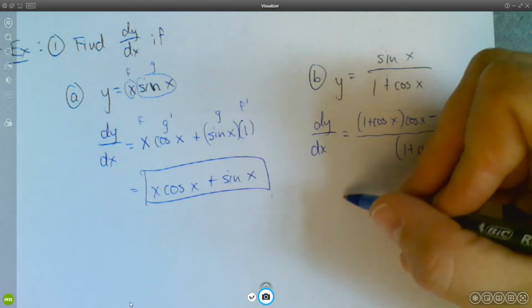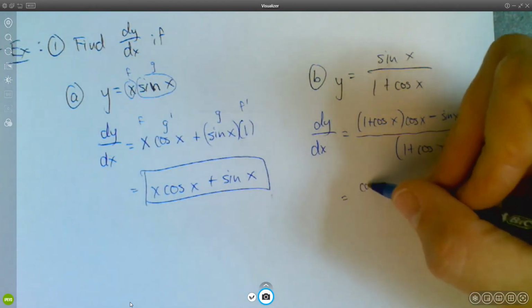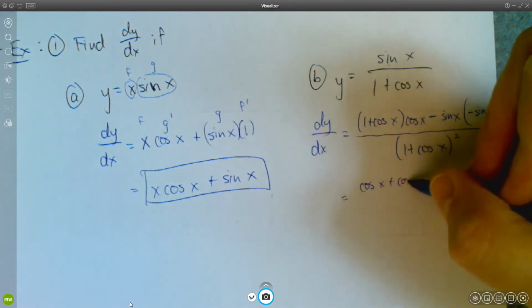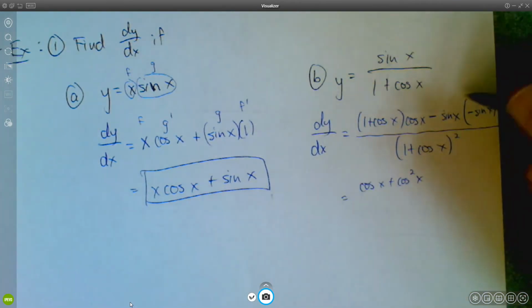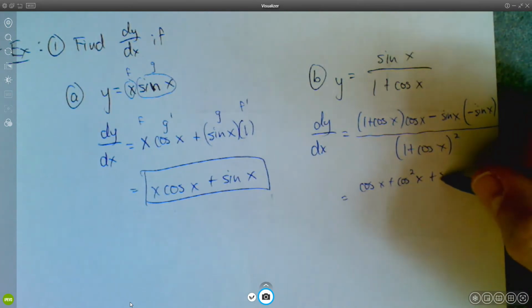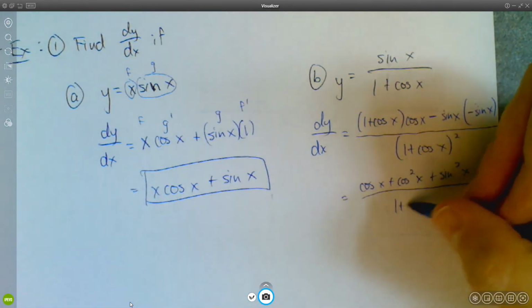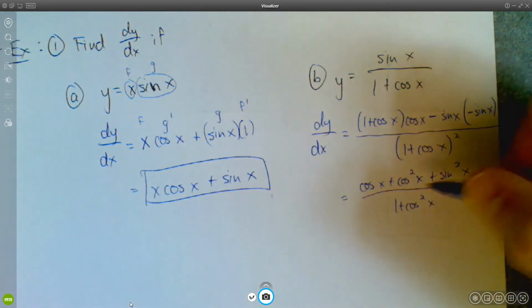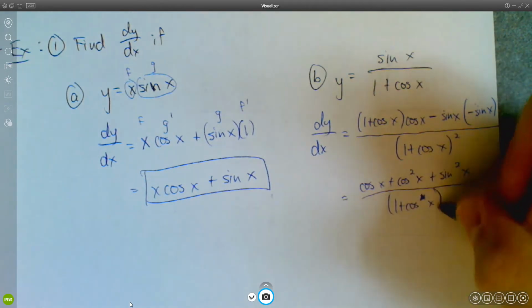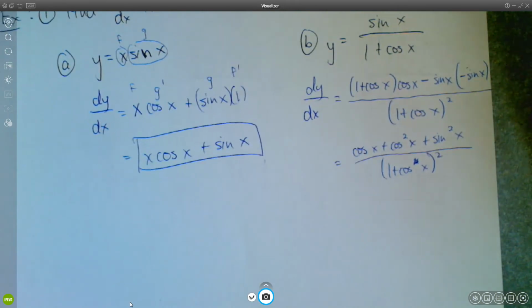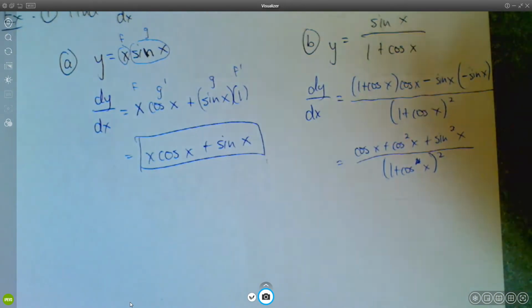We can simplify a bit. This is cosine x plus cosine squared x. Negative and negative cancel, so we have plus sine squared x over 1 plus cosine x, squared. My apologies. But now cosine squared plus sine squared is just 1.